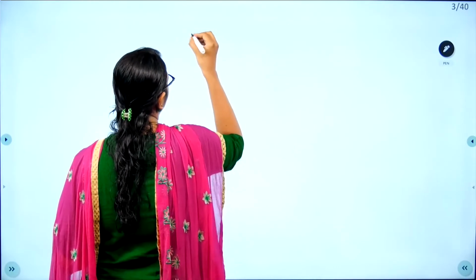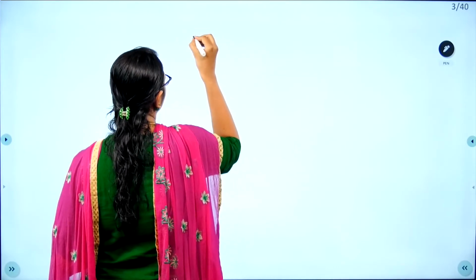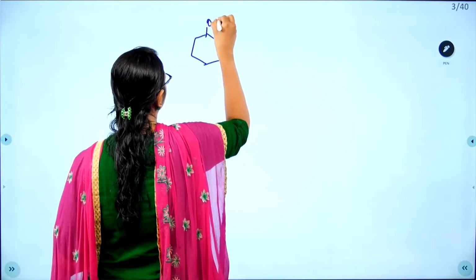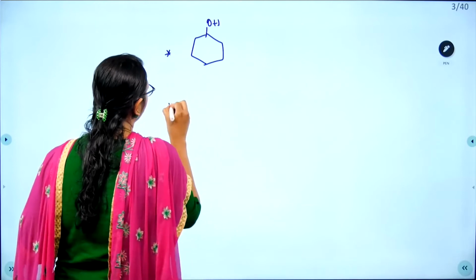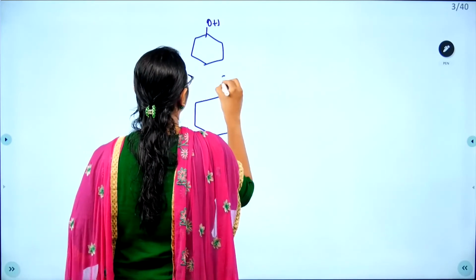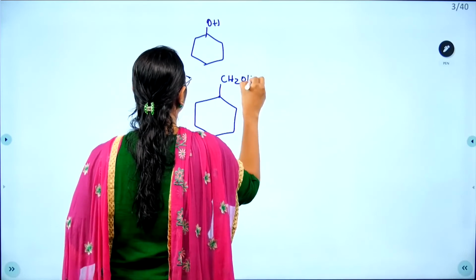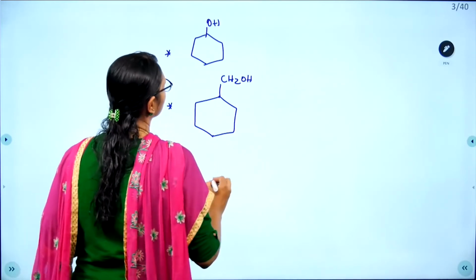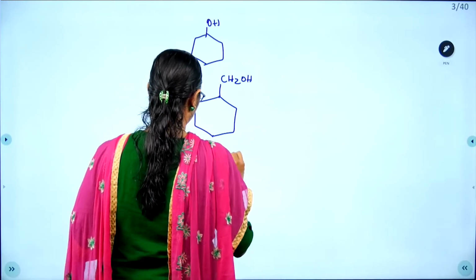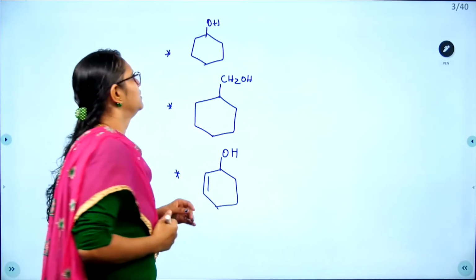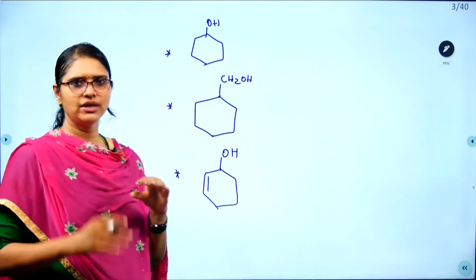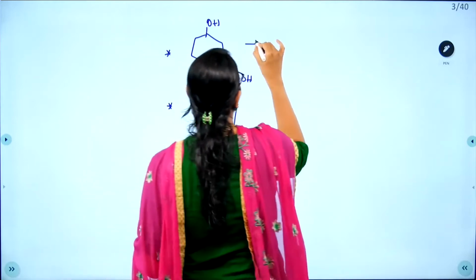Now suppose I have a ring, how will you name it? Cyclohexanol, where the OH is attached to the cyclohexane.